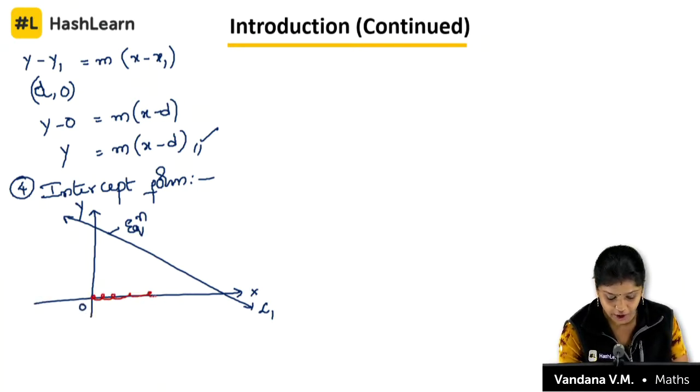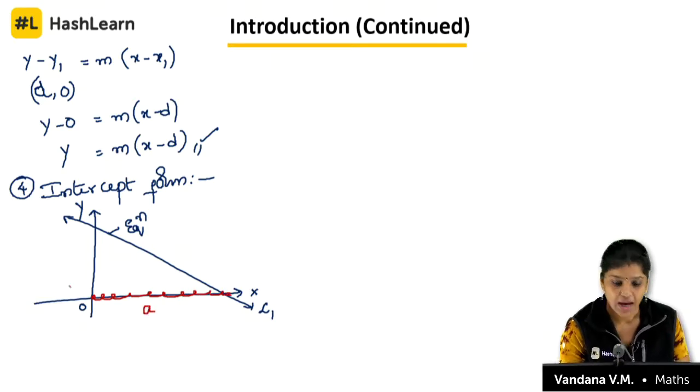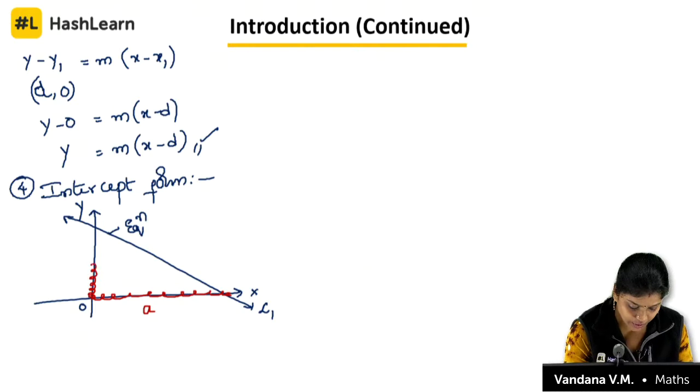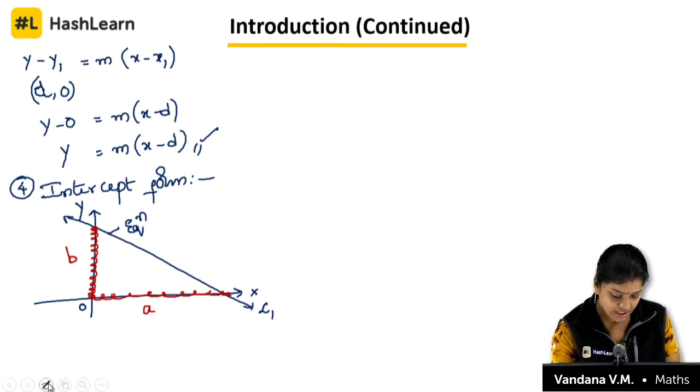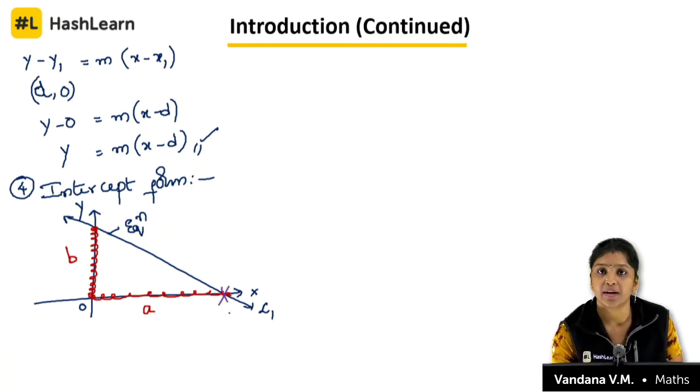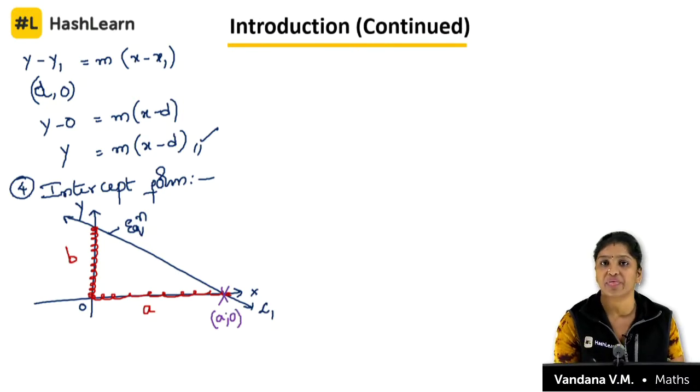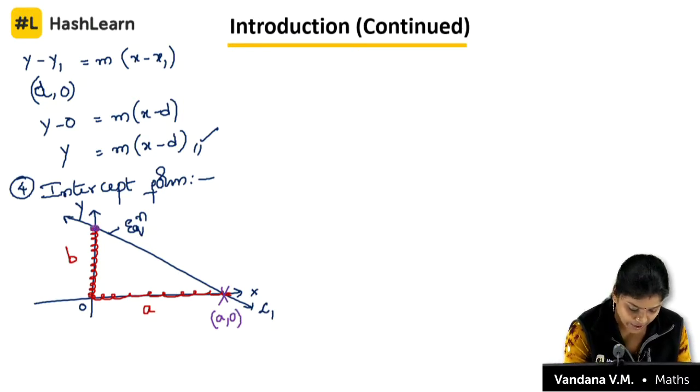X-intercept means here to here the distance is a units. And y-intercept is here to here the distance is b units. So, I gave you the intercept. Now, I can easily write the passing through the point. Here the passing through the point is a comma 0 because it is on the x-axis. This point is 0 comma b.